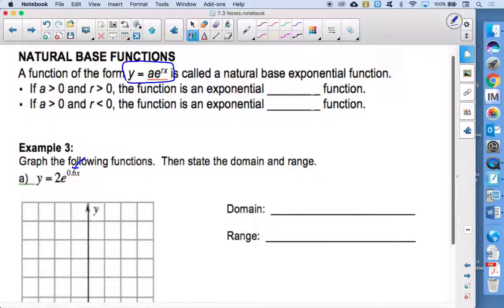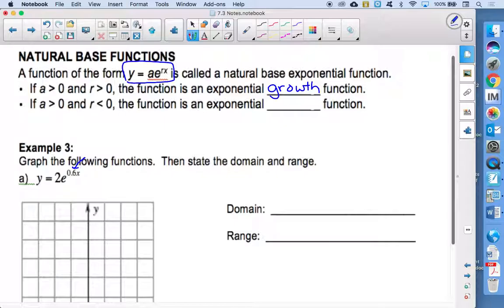So if a is bigger than 0, which always has to happen, and r is greater than 0, then it is a growth function. So essentially, the number with x, if it's positive, it grows. The front number has to be positive for it to be a growth function, but it also has to be positive for it to be a decay function. So that a isn't changing.